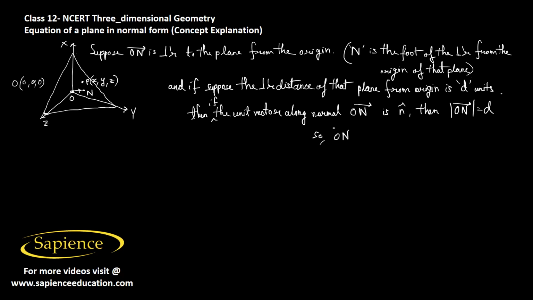So the ON vector can be written as d times n cap.